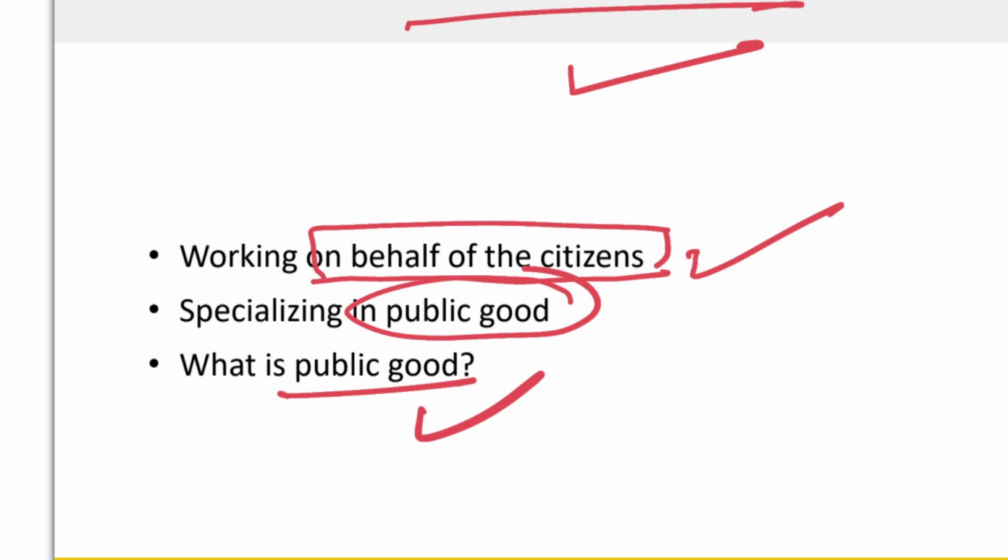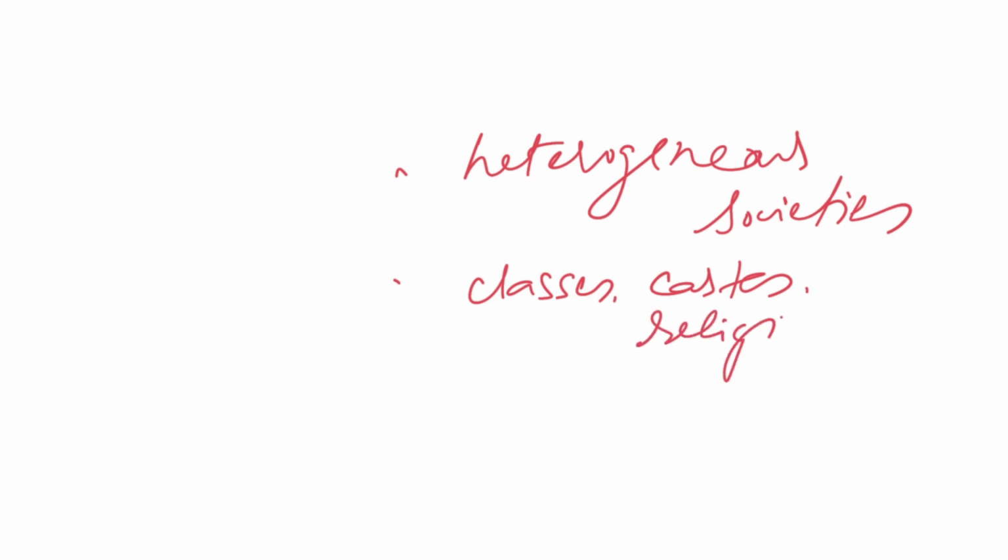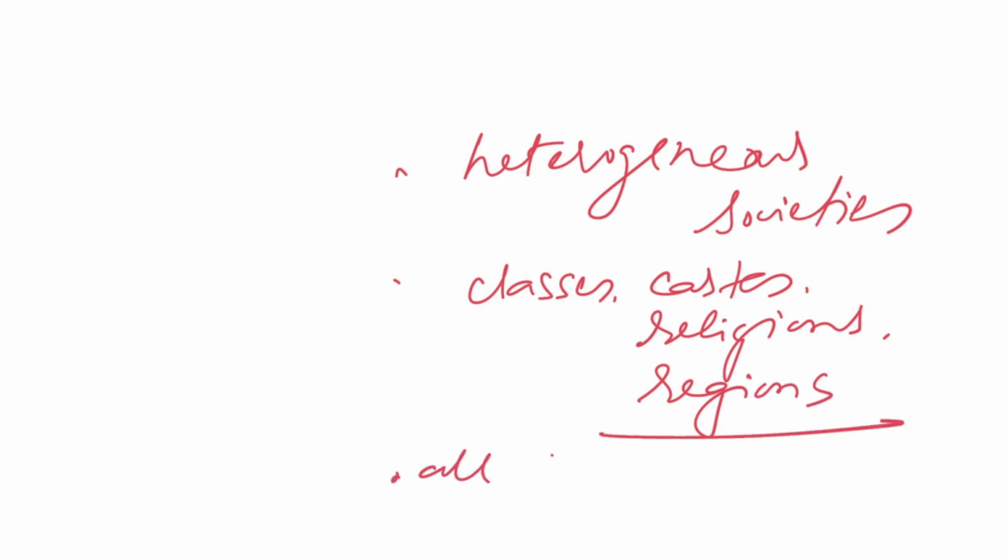Here Cooper says contemporary societies are heterogeneous: multiple classes, castes, religions, regions, and all to be served by the public administration.